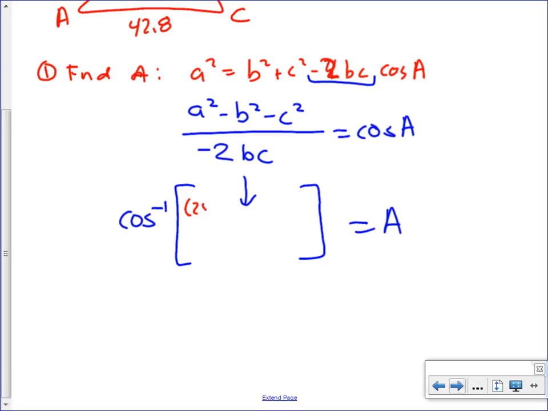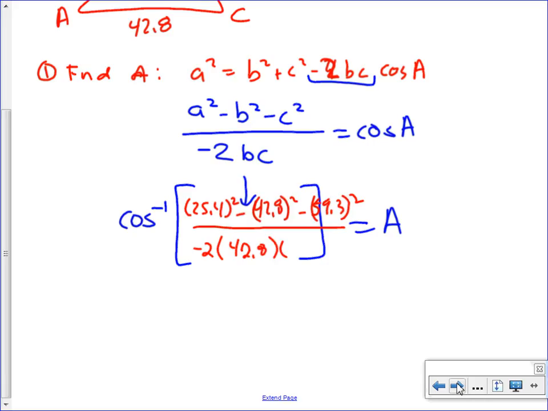So 25.4 squared minus b squared, which is 42.8, minus c squared is 59.3, right? All over negative 2 times 42.8 times 59.3. Do individual pieces. Do the top first and the bottom.